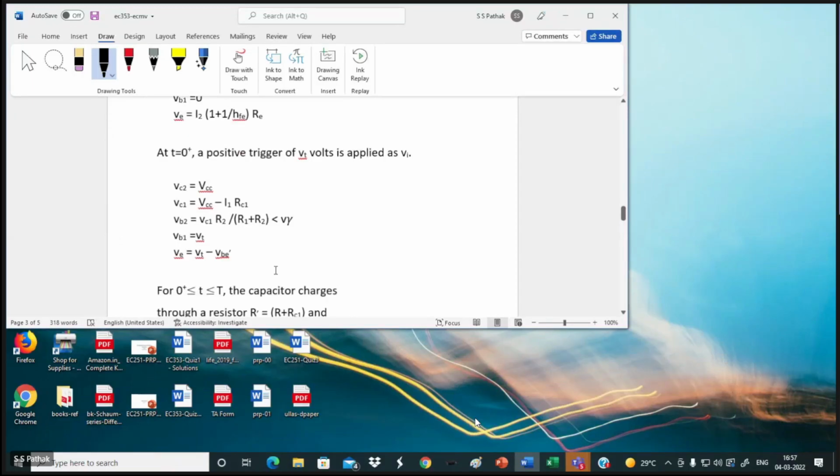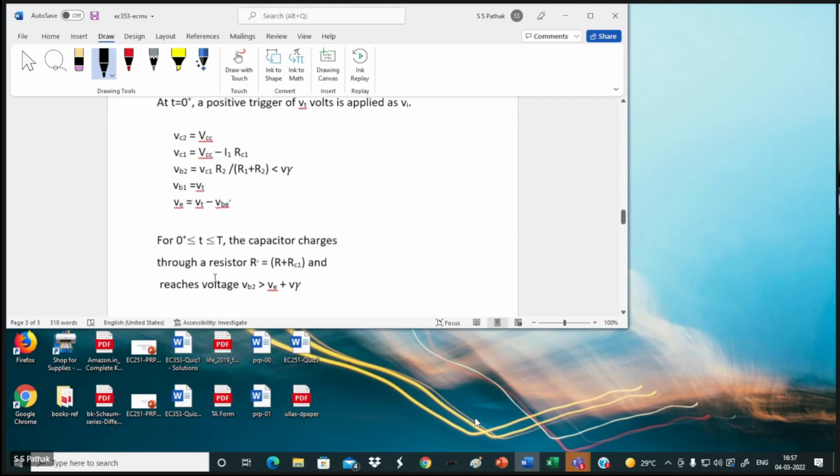Okay. Now when the capacitor is charging, it becomes your capital T. At that time it is charging through a resistance R plus RC1, and when it reaches a voltage which is VE plus V gamma, that is VB2. VB2 is what? The emitter voltage is also there.